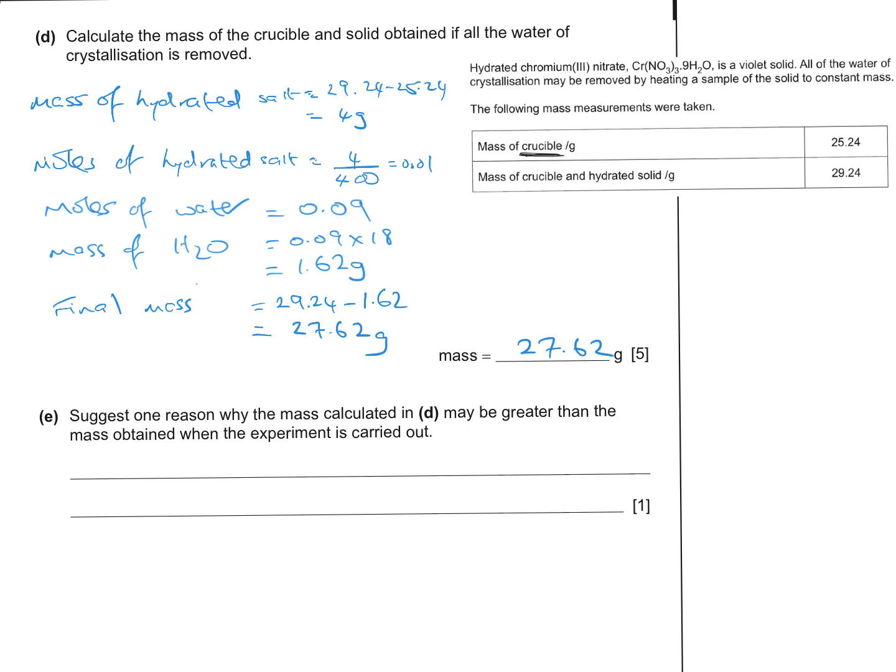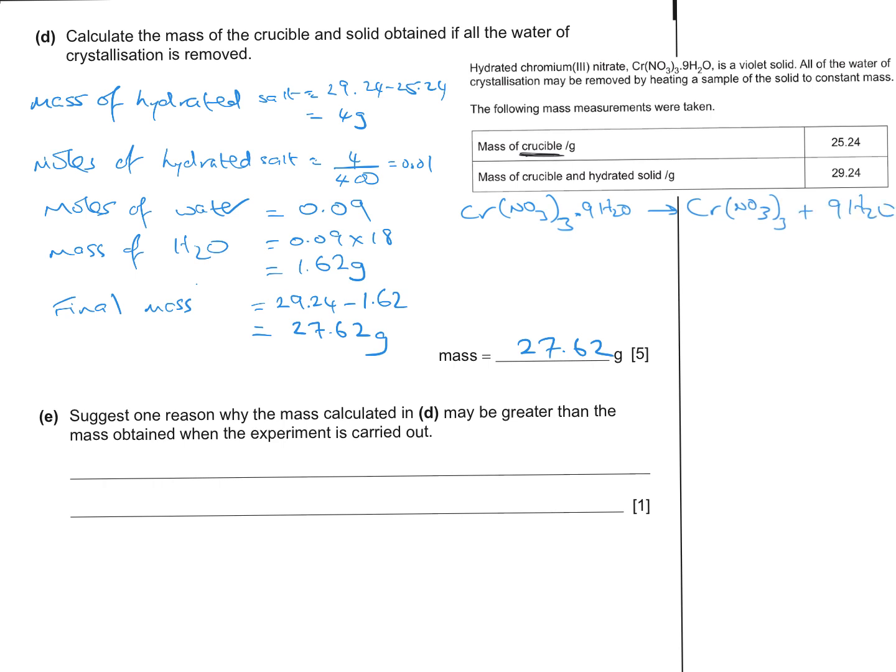Now there is another way of doing it. The first part of it is the same down to here. We've got 0.01 moles of the hydrated salt. So imagine the hydrated salt, which is this, is heated and decomposes into anhydrous chromium 3 nitrate and water.